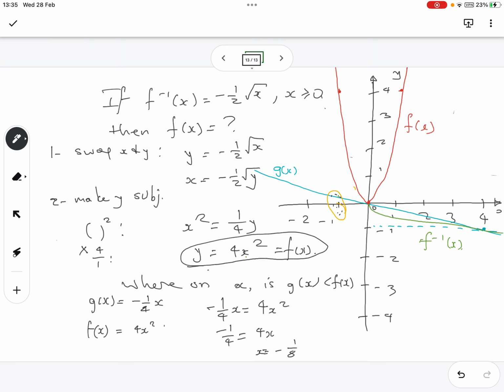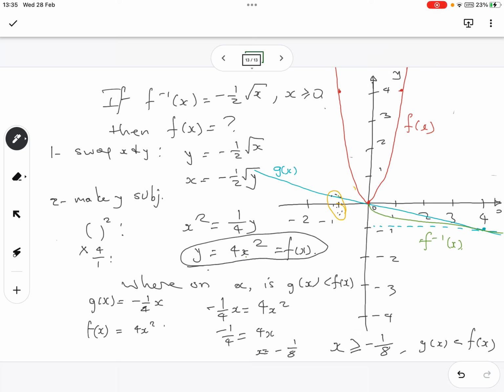But what happens where x is negative? So what could it be that for any values of x greater than or equal to negative 1 over 8, g of x will always be less than f of x?